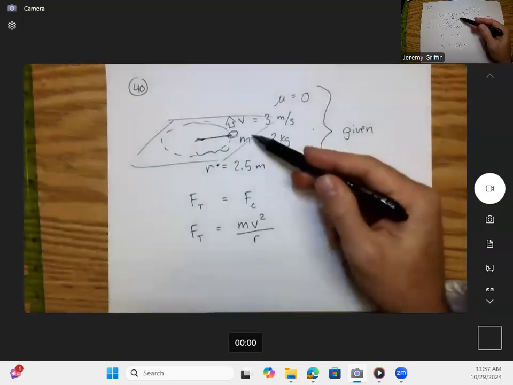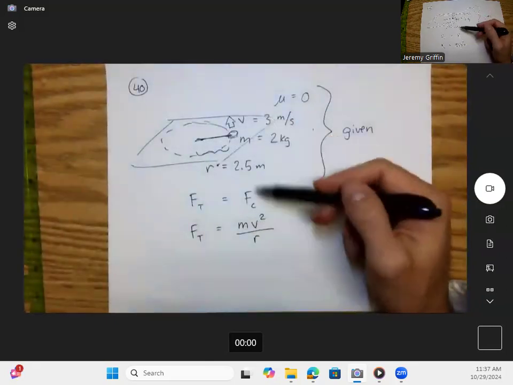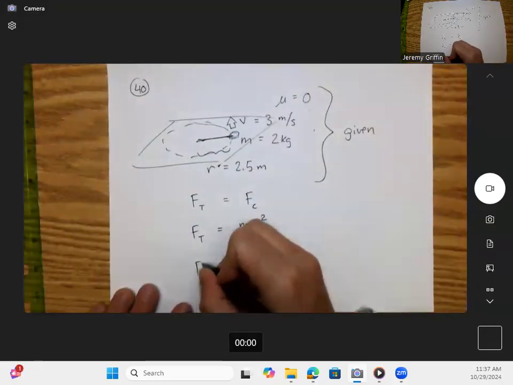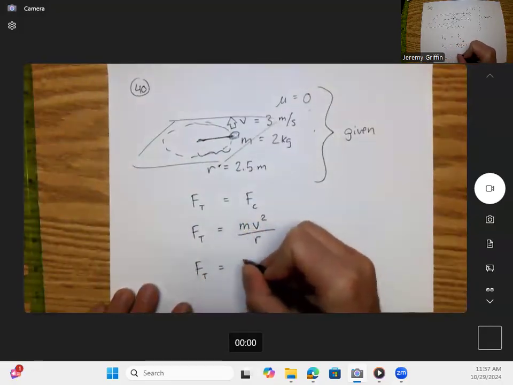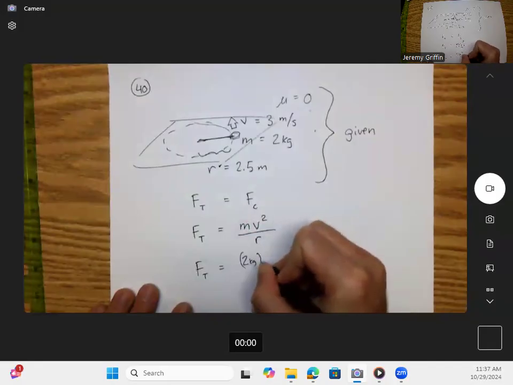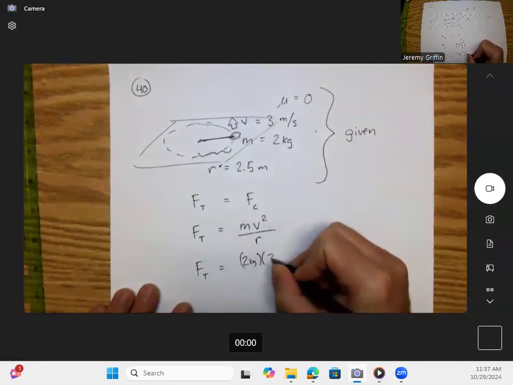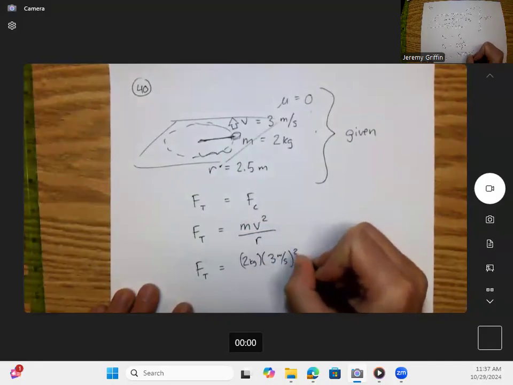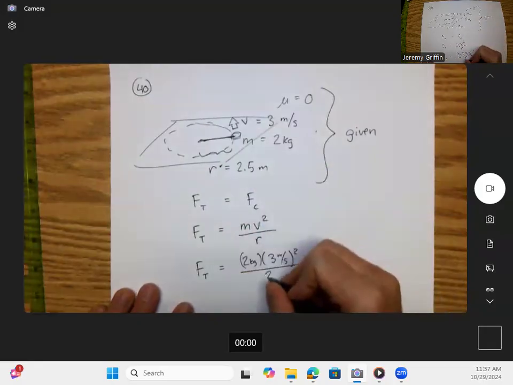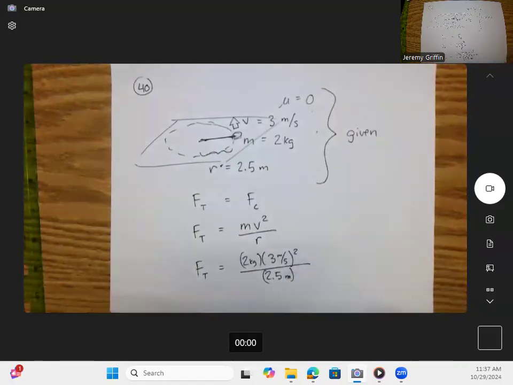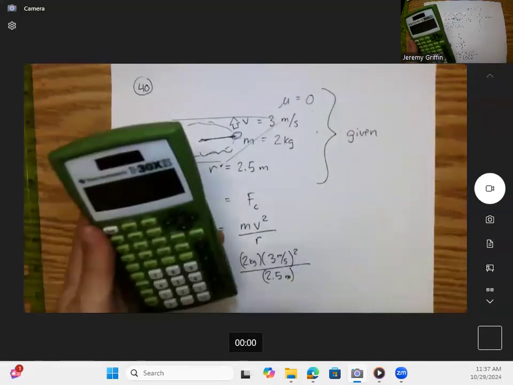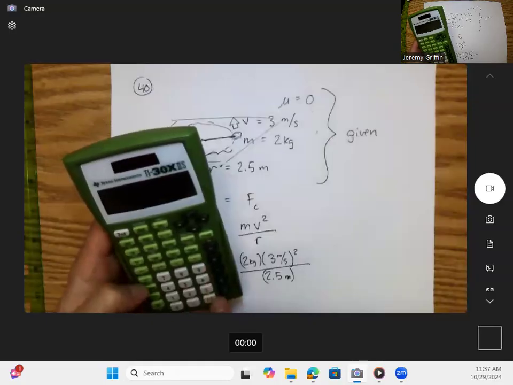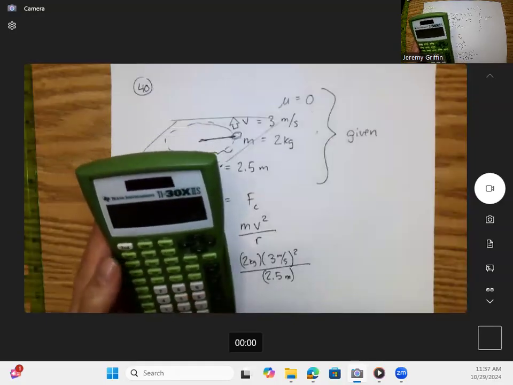Oh, we have m, we have v, we have r. I think I need to just plug that in. So I got 2 kilograms going at 3 meters per second. Square that. Radius of curvature, 2.5 meters. All together, 2 times 3 squared divided by 2.5.